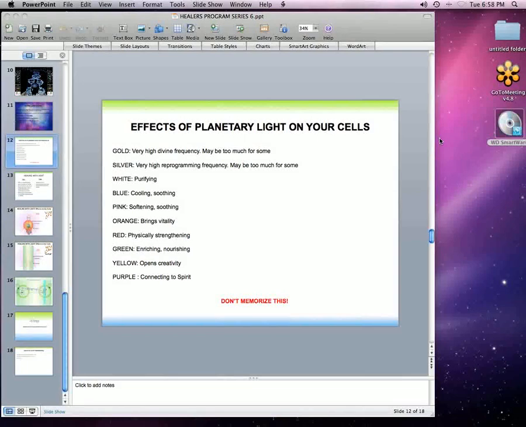I would like to hear your comments about this exercise so that others also can hear you. What was the difference between having the light go through deep into the cells, allowing the cells to absorb light, rather than saying, asking, and intending?